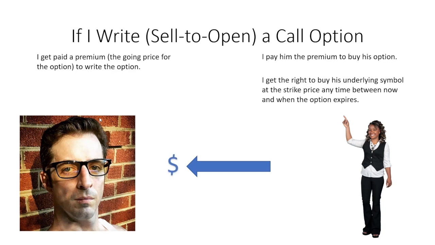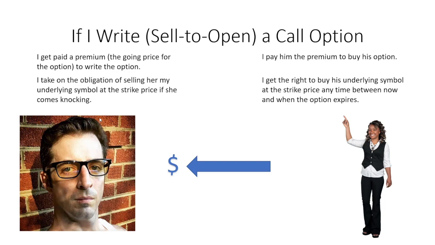They would get the right to buy my underlying symbol, my asset, the thing that the option covers, at the strike price any time between now and when the option expires. Again, we're talking about American options. European options, of course, can only be exercised at expiration. But with American options, they can purchase my underlying symbol at the strike price any time between now and when the option expires.